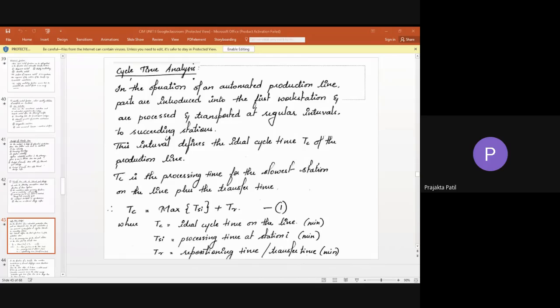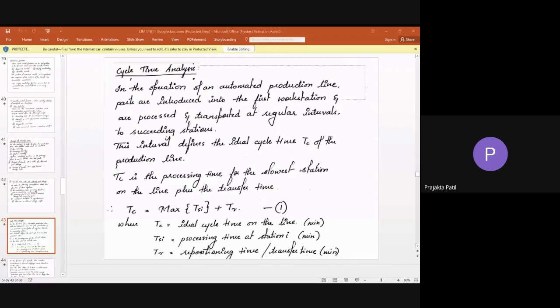So in this equation, we have used the term max of TSI, that is the maximum processing time in the line. It is because we consider the bottleneck station here, which usually decides the pace of the production line. Until and unless that bottleneck station time is considered, any other station which takes less time will not really make any difference. So we are concentrating on the station which takes the maximum time, that is the bottleneck station.